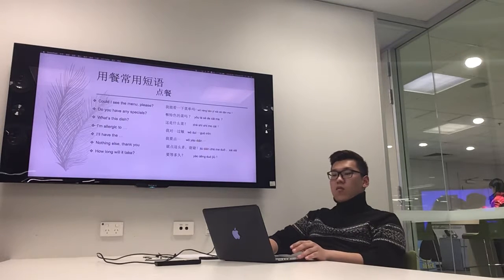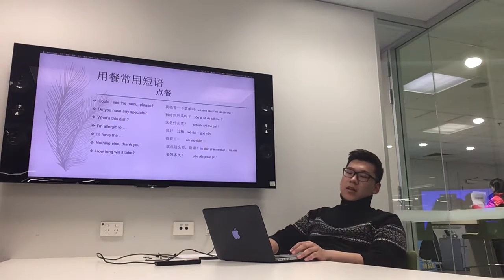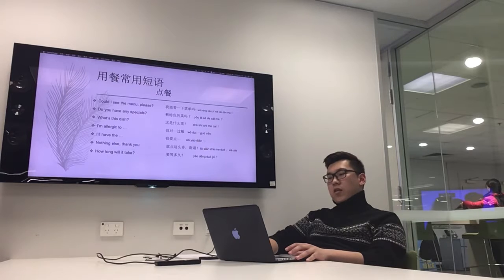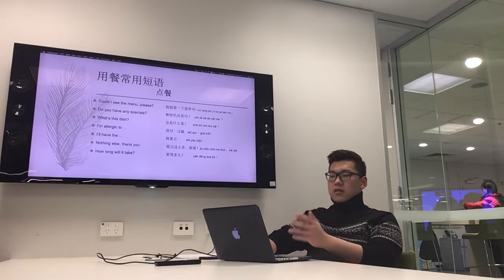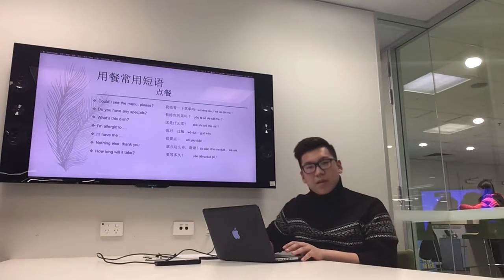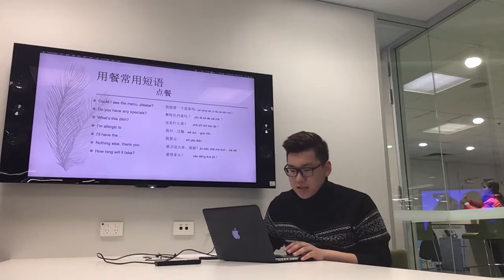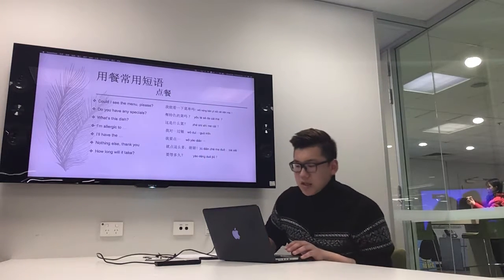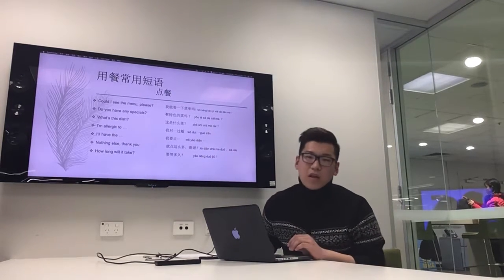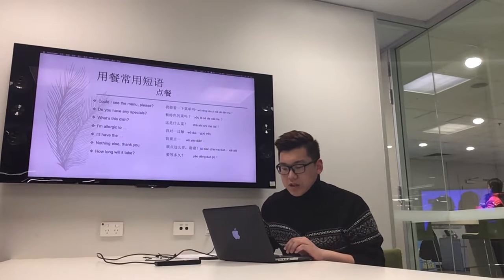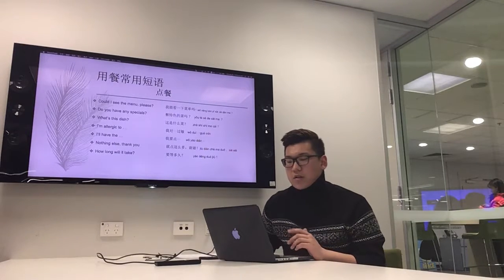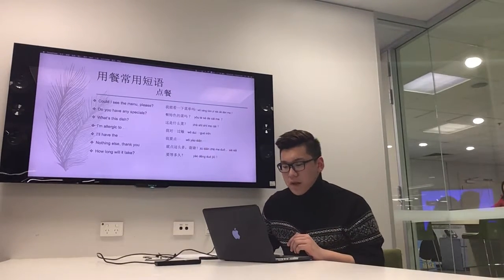What is that? What is this dish? In Chinese, we say 这是什么菜? And some people are allergic to something like peanuts or celery. So in Chinese, you should tell the staff up front before you order. If I say I'm allergic to peanuts, you should say 我对花生过敏.